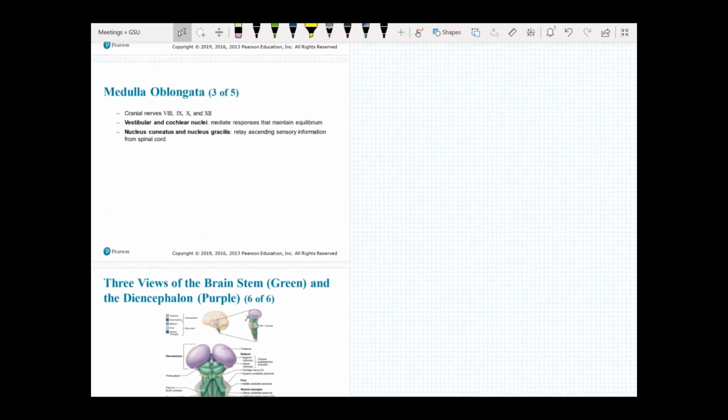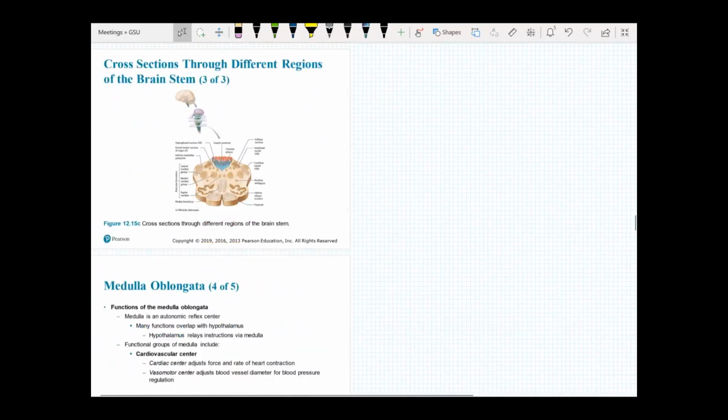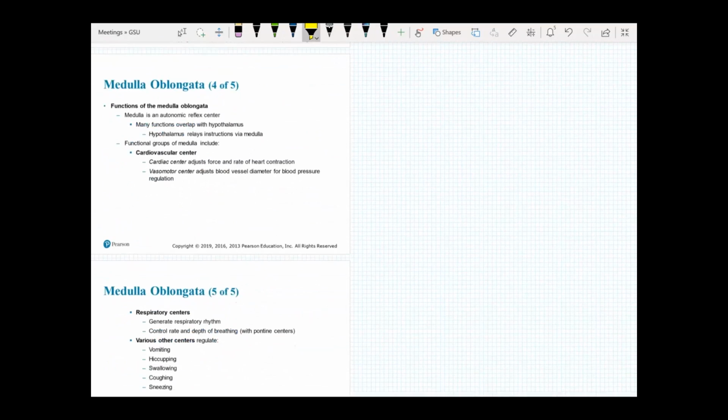Your medulla oblongata has a couple different functions as well. These are the primary functions of the medulla oblongata. It's really important as a reflex center, specifically an autonomic one. It's also responsible for cardiovascular control, so being able to increase or decrease the rate of your heartbeat, or to increase or decrease the diameter of your blood vessels in order to regulate your blood pressure.